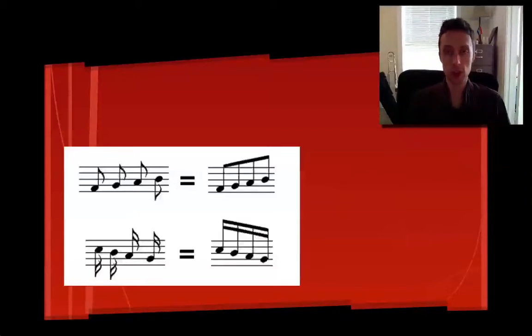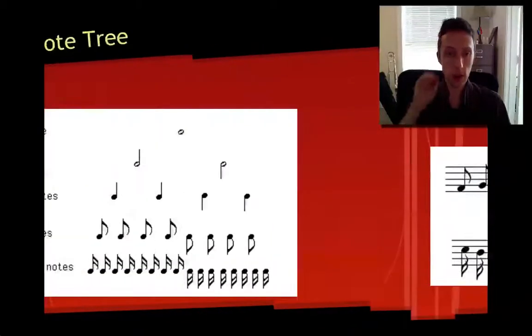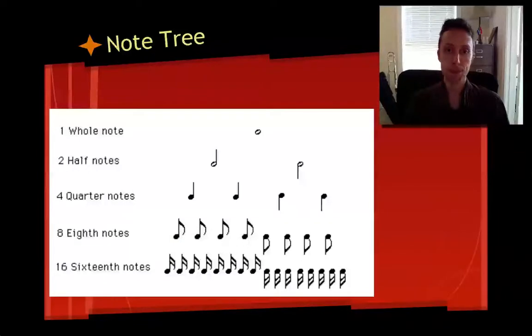Same thing with those 16th notes. The 4 16th notes that have flags on them would sound the exact same as the ones that are beamed together. And then here is a note tree. Just to show how many notes can fit within 4 beats, we have 1 whole note, which is the same thing as 2 half notes, the same thing as 4 quarter notes, the same thing as 8 eighth notes, the same thing as 16 16th notes.